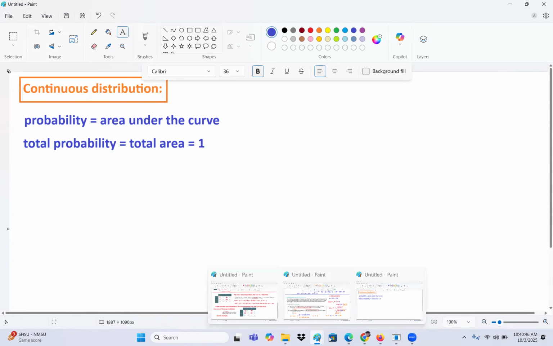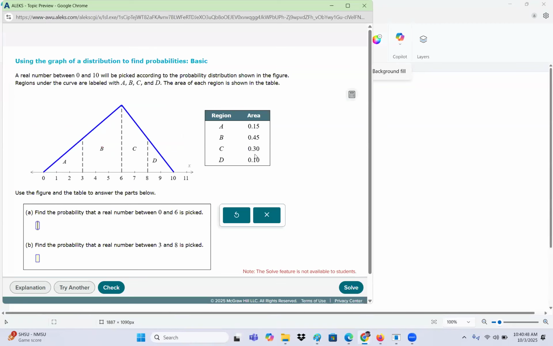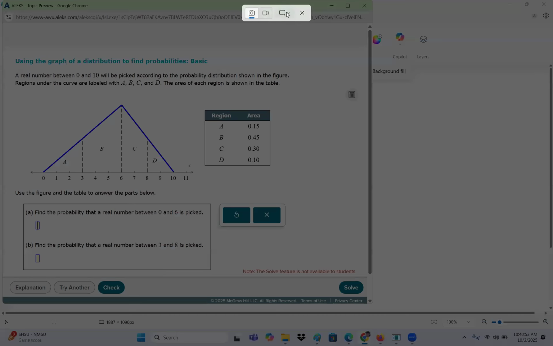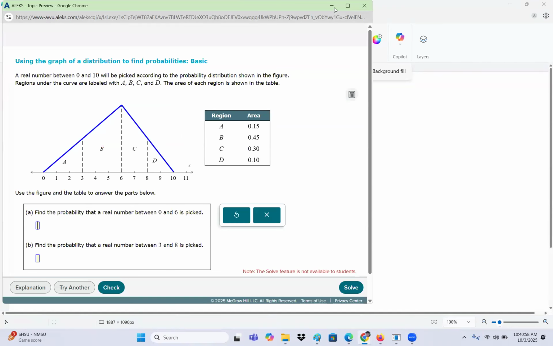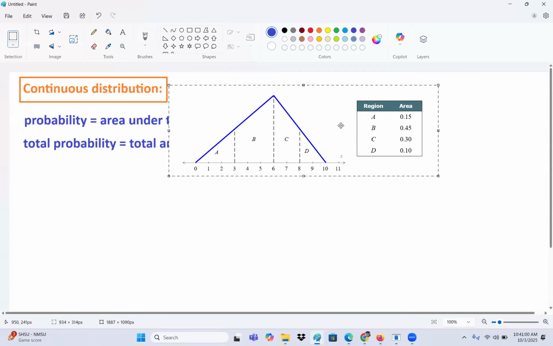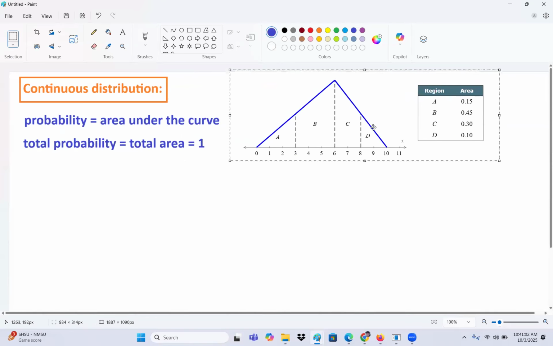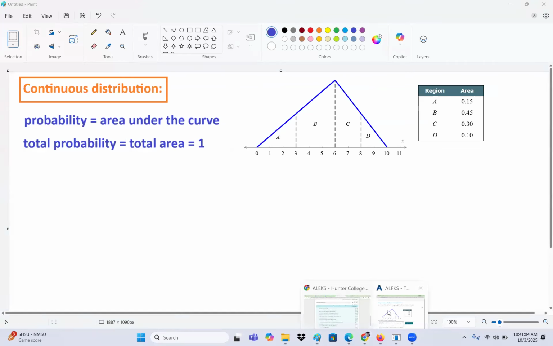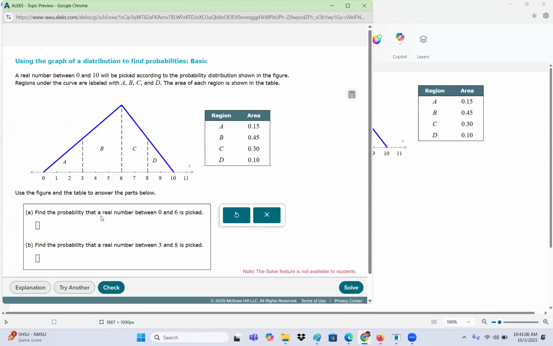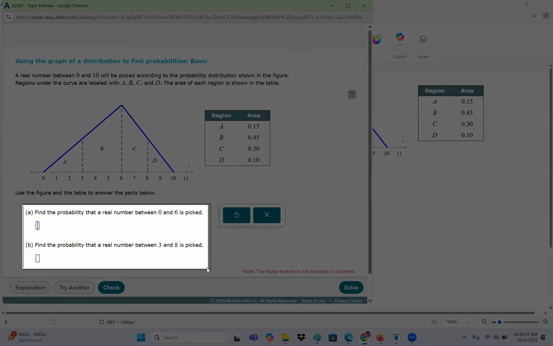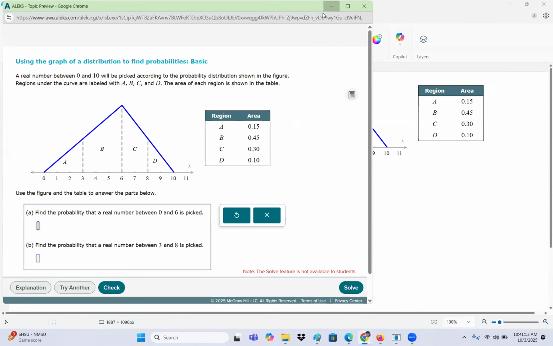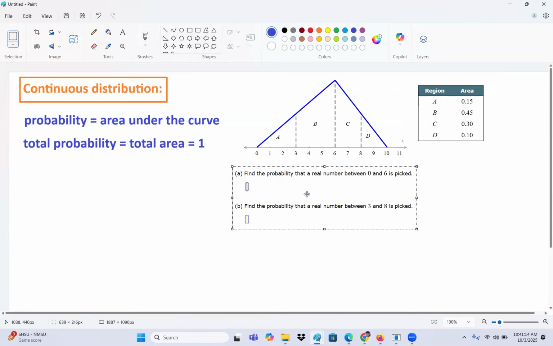For this question, the question gives the regions A, B, C, D. And then it's going to give us the area from one point to another.